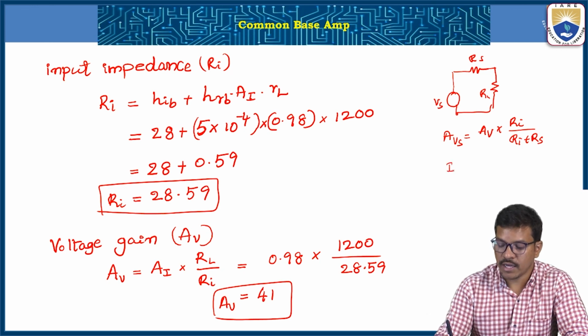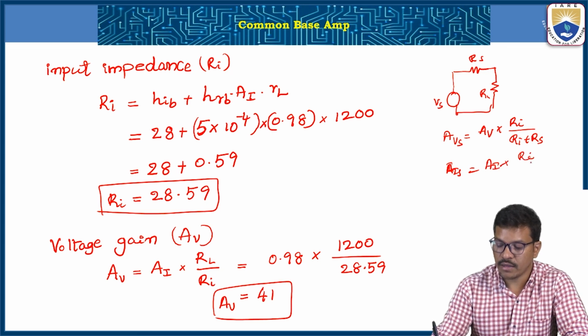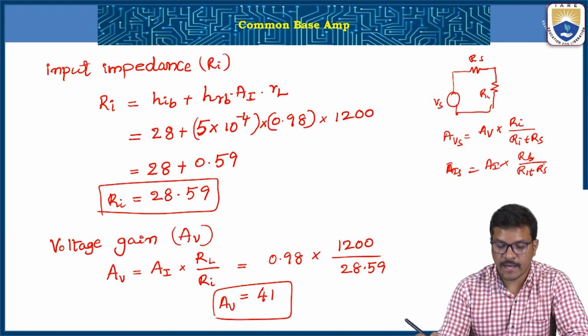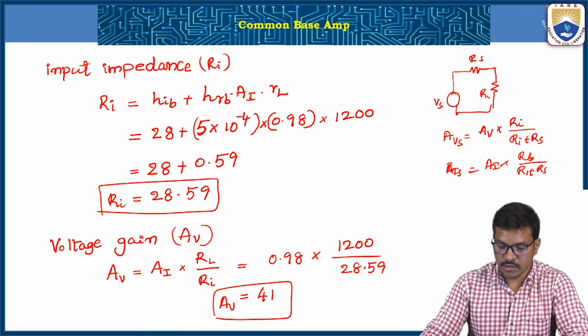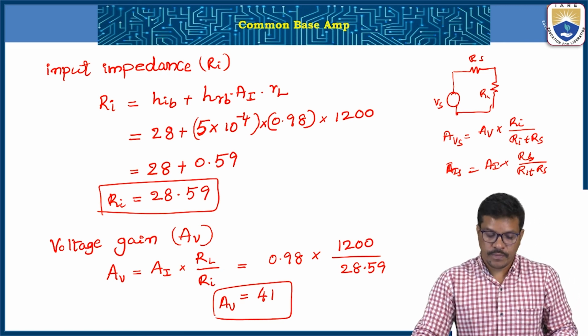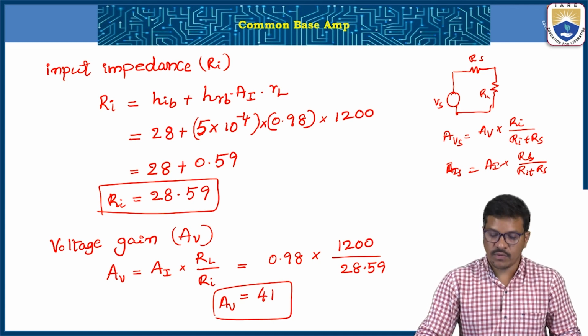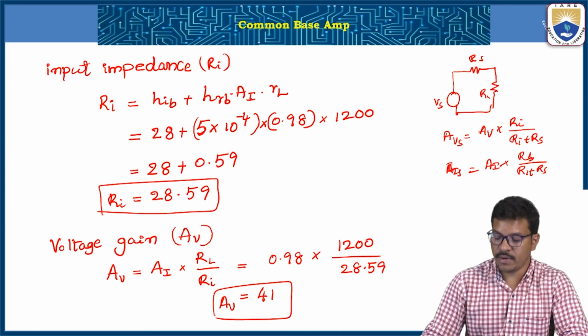Similarly, the current gain AIS is equal to AI into RS by Ri plus RS. So you will get in this way the current gain including the source resistance. Likewise, we'll find out all these parameters.